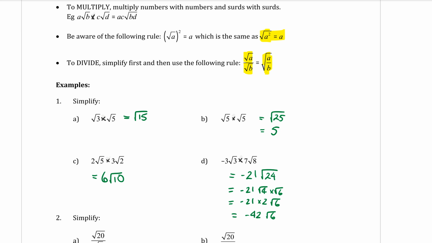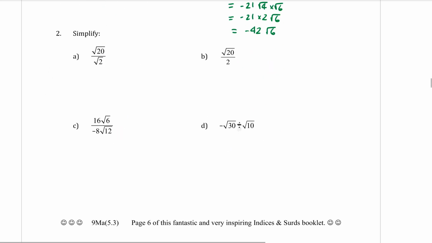Let's do that, and you will see that it actually comes out really nicely. So the two little surds, we turn into one big one, 20 on the top and the 2 on the bottom. All that then does is it gives me permission to divide those numbers together. 20 divided by 2 is 10. So it just becomes square root of 10.